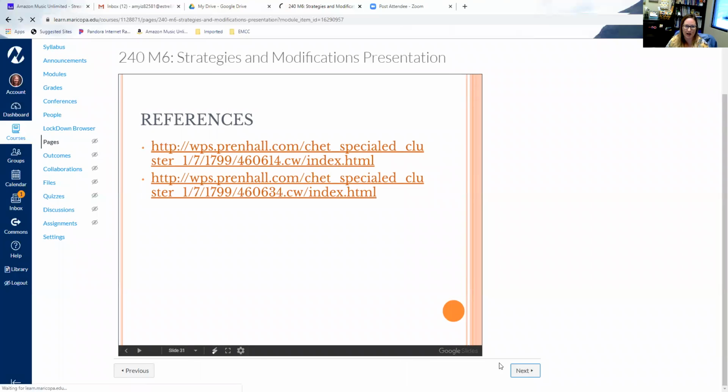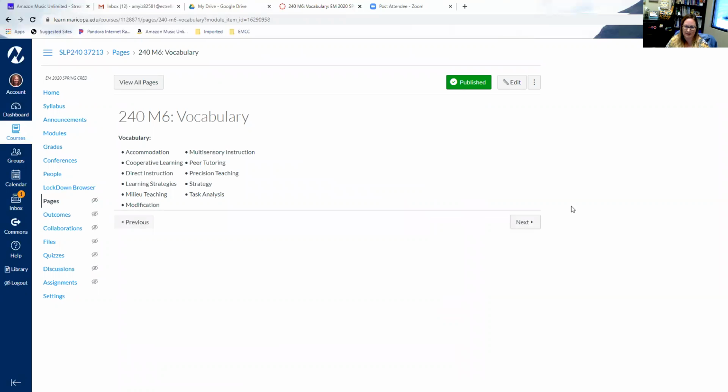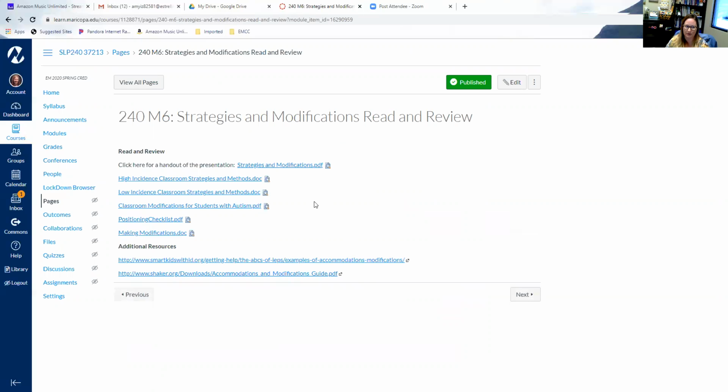Okay, so within your module, like I said, in your read and review, there is more information about those classroom strategies and methods for teaching. So make sure you take a look at that information. Make sure you know what that direct instruction is, task analysis, those different methods of instruction. There's also a few other resources for modifications for you within the module.